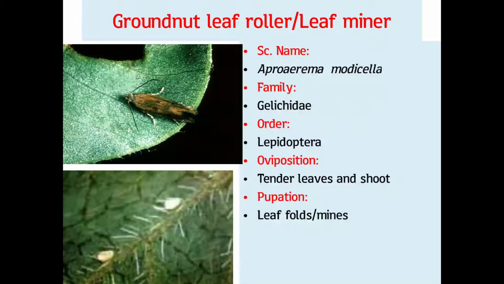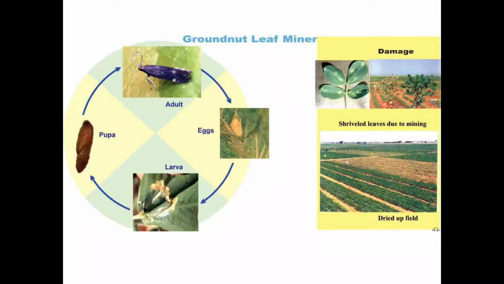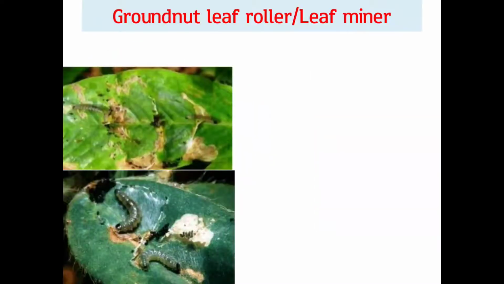Pupation in mined leaves and leaf folds. See the metamorphosis and life cycle of groundnut leaf miner. The life cycle is completed in 4 stages such as eggs, larva, pupa and adult. Larva is the damaging stage of this pest, and these 4 stages are also known as complete metamorphosis.